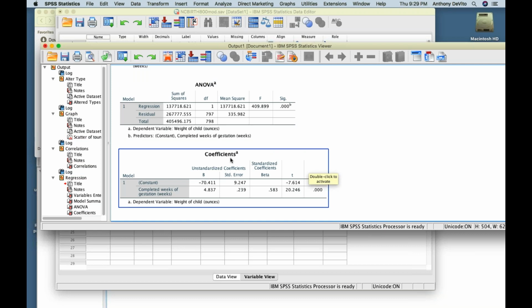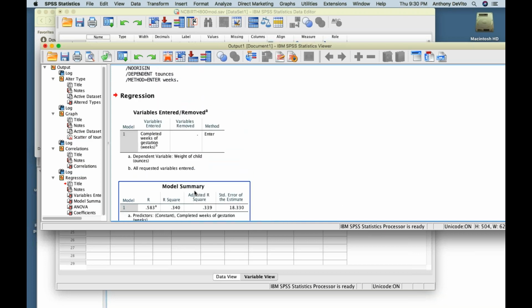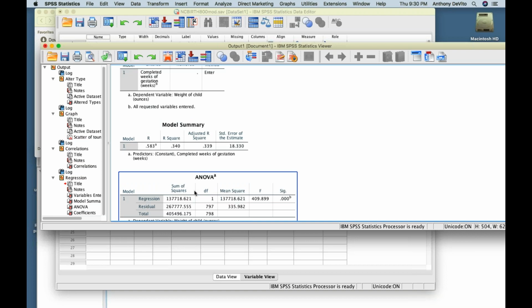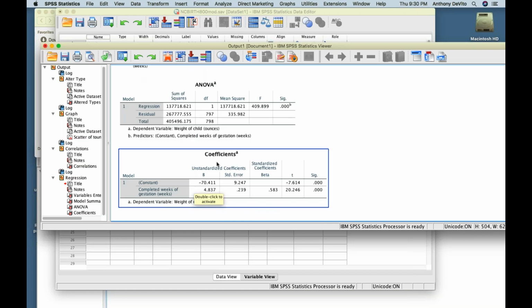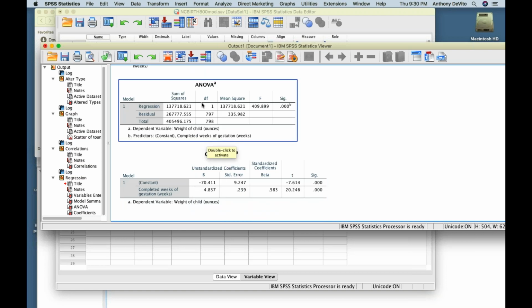So let's see what we have down here as a result of this calculation. SPSS provides us with coefficients that represent the line that is the best fit, that straight line, which is the best fit line for the association between these two variables, the weeks of gestation and the weight.